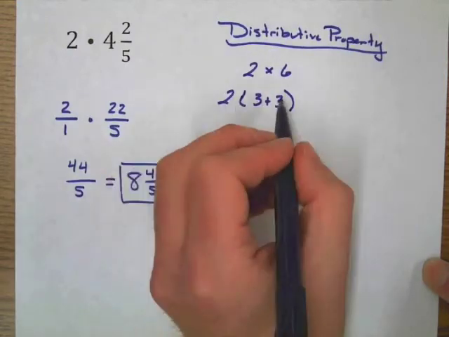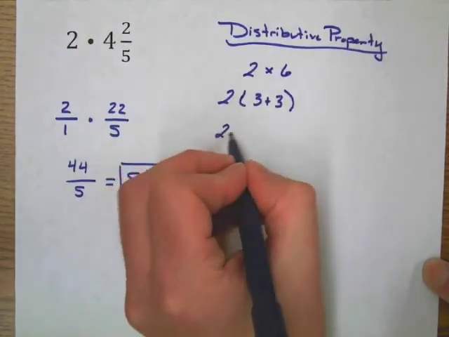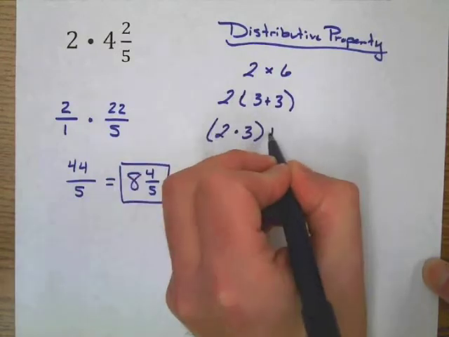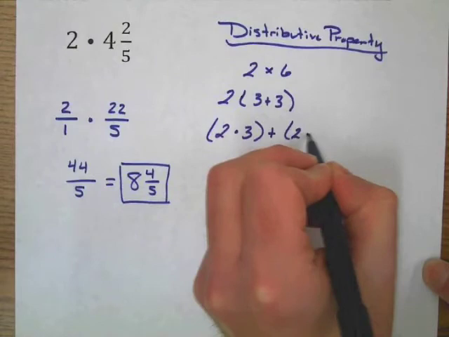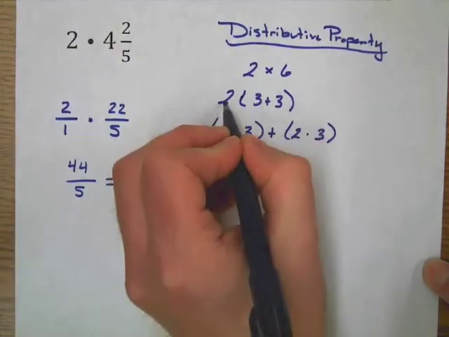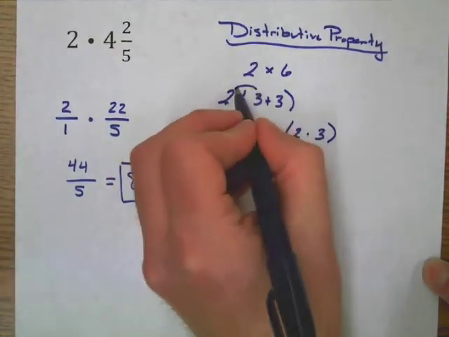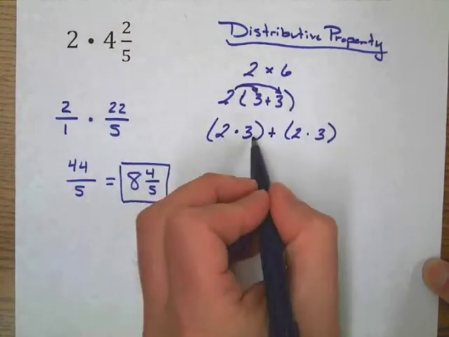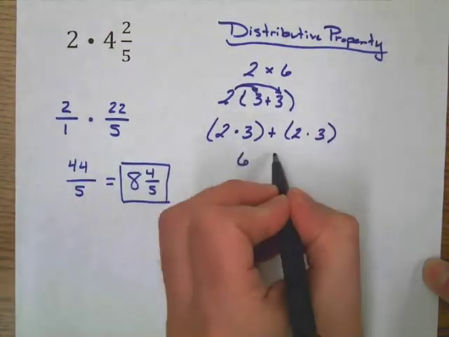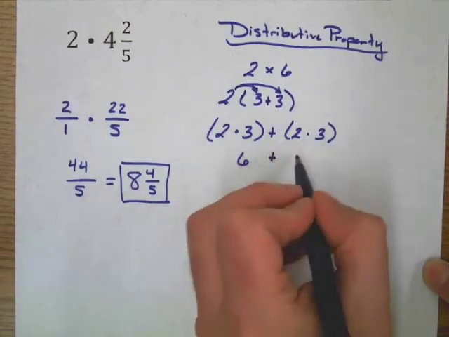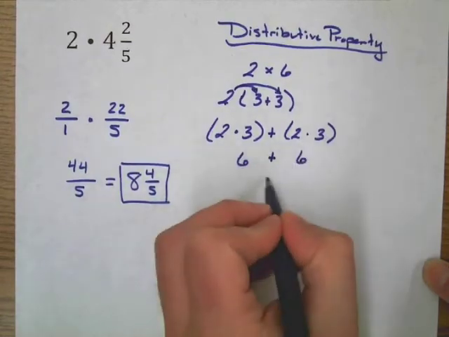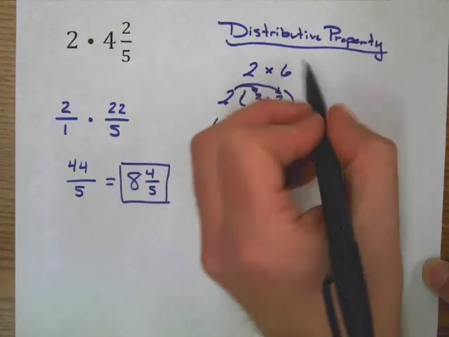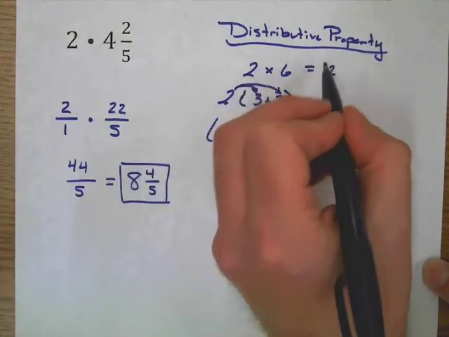Distributive property says I can say 2 times 3 plus 2 times 3. So I can distribute this 2 out to both of those 3s. So 2 times 3 is 6, and 2 times 3 is 6, and 6 plus 6 is 12. Now I'm going to go back to my original problem. 2 times 6 is also 12.